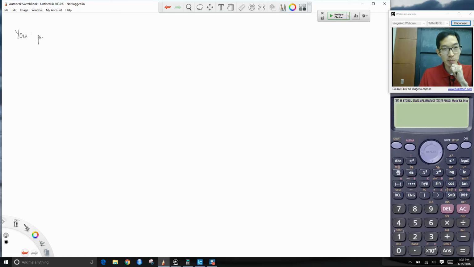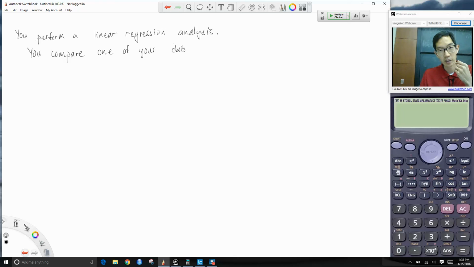You perform a linear regression analysis. You compare one of your data points to the regression model's prediction.